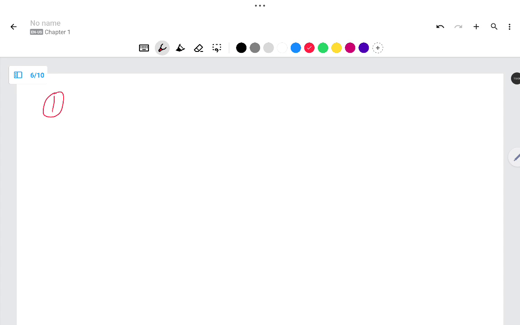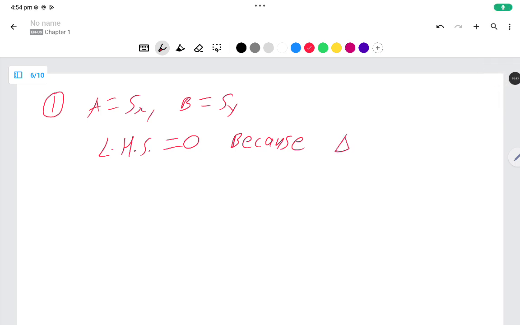Since we are talking about multiplication, for the case of Sx, the uncertainty is 0 because there is no uncertainty in Sx, so it is by default satisfied.